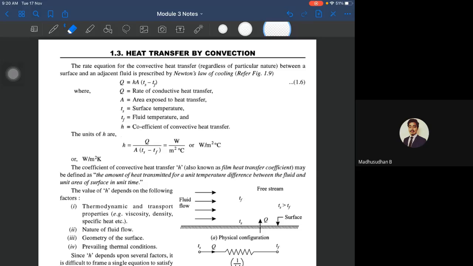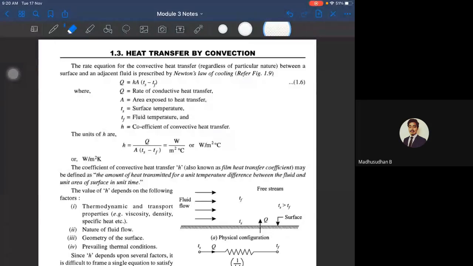That is how the problems are designed for module number 3. Okay, let us see some of the problems related to convection now.